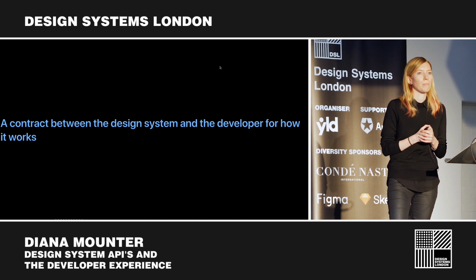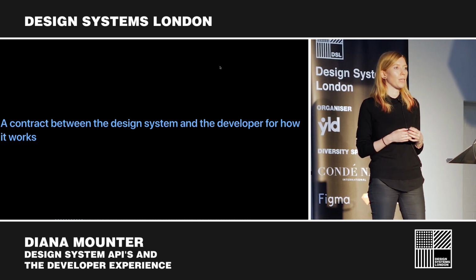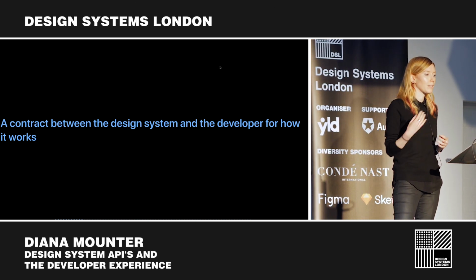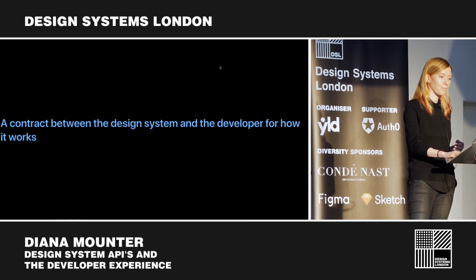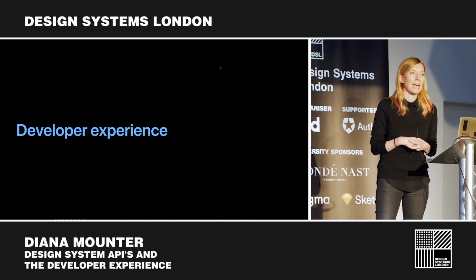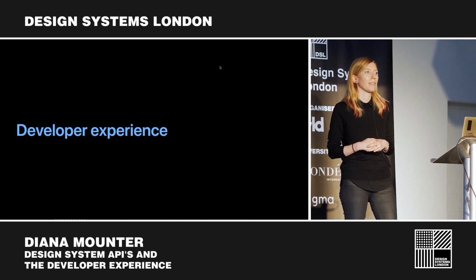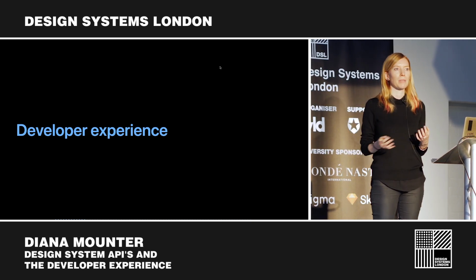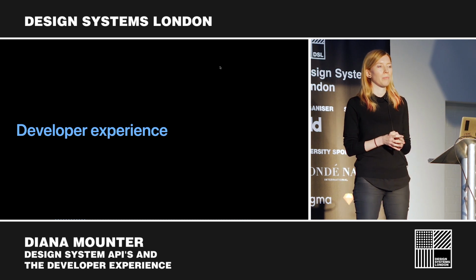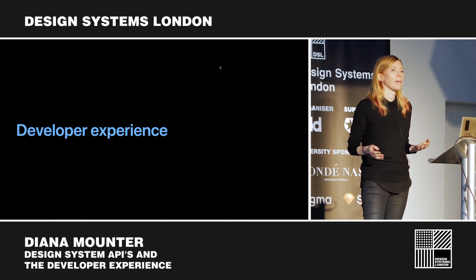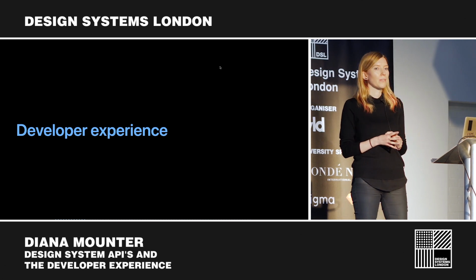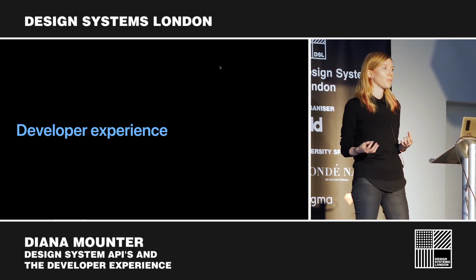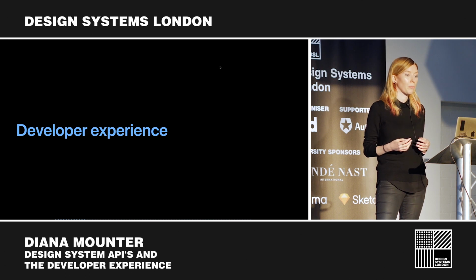It acts as a contract between your developers and the design system about how this works. Because of this, I think the design of your design system API is really important to the developer experience. If your API is confusing or complex or frustrating to use, there's only so much you can do for the developer experience.